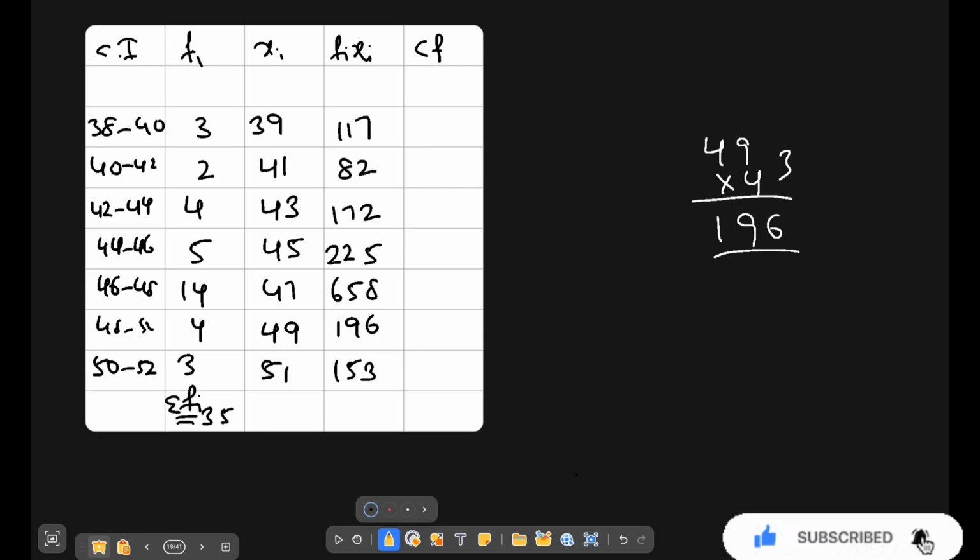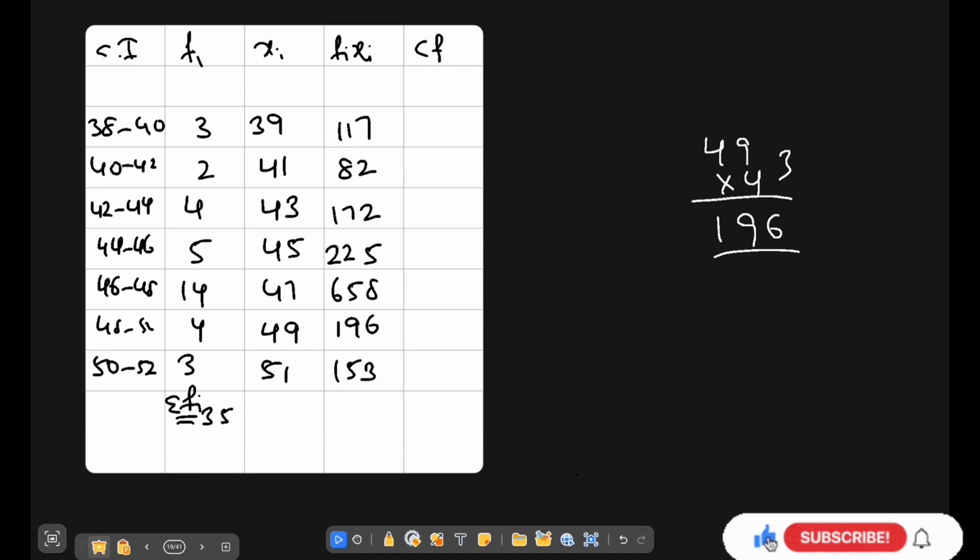So now add all the numbers here. Summation fi xi. So if you add all the numbers here, what do we get?